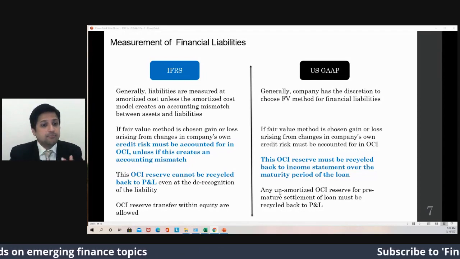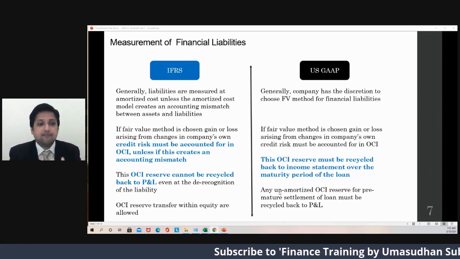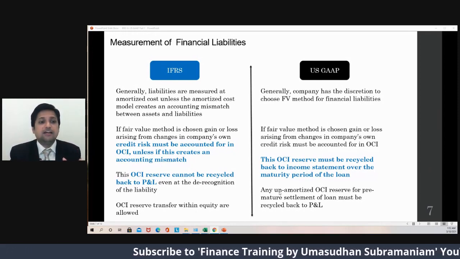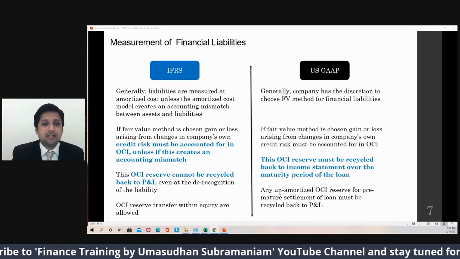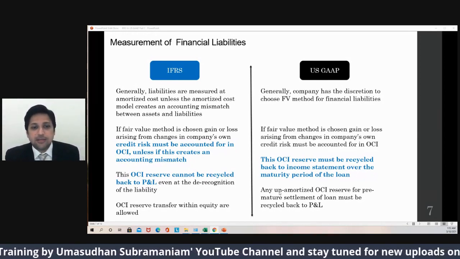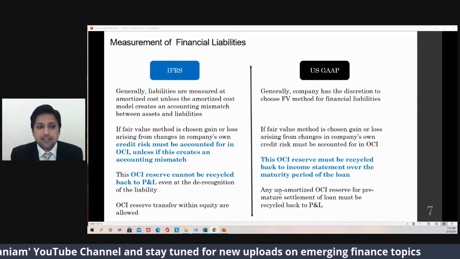However, we could make a transfer between the OCI reserve and the retained earnings, but a reclassification into the income statement is not possible.